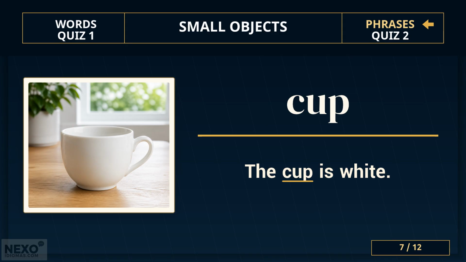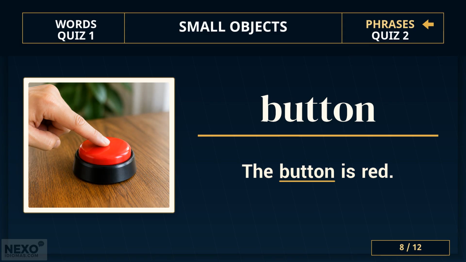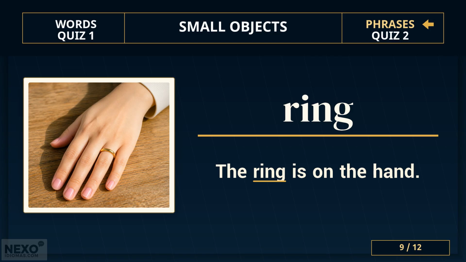Cup. The cup is white. Button. The button is red. Ring. The ring is on the hand.